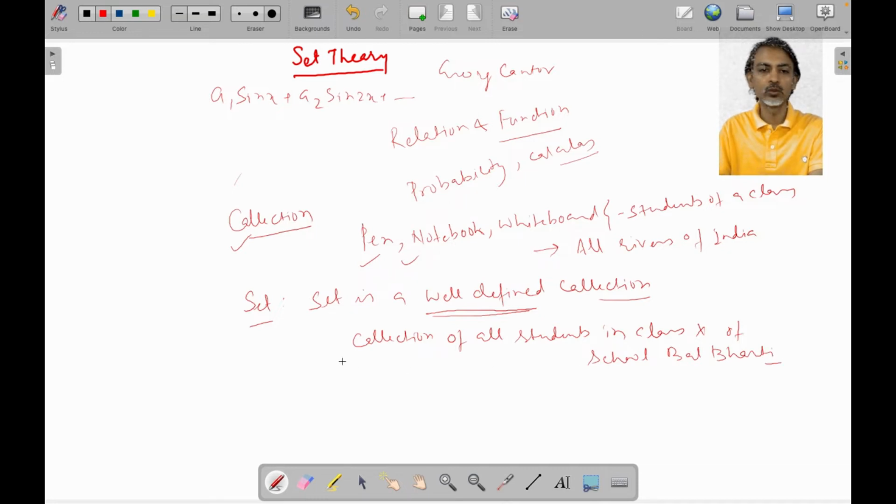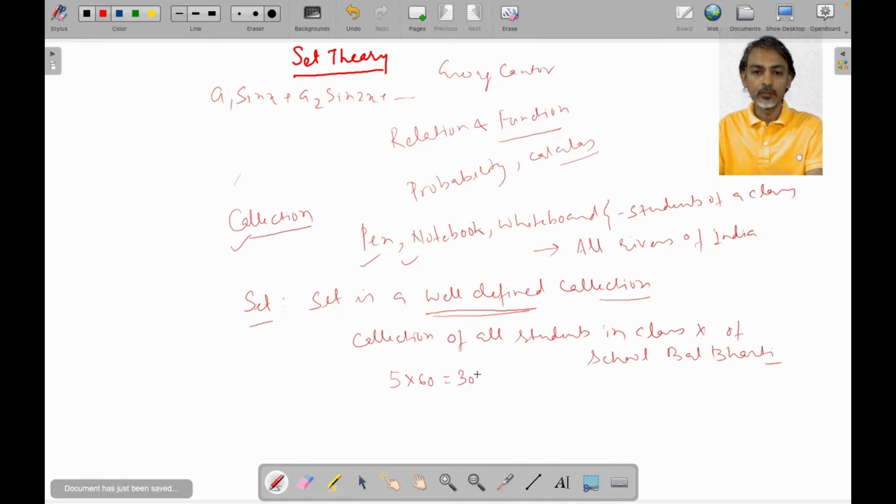There is a school, Bal Bharti, and I'm talking about the collection of all the students of class 10th of that school. Assuming there will be 5 sections, and in each section say 60 students or something, there will be almost 300 students. But if we understand Bal Bharti school and we know class 10th, then any of us would arrive at the same number of about 300 students.